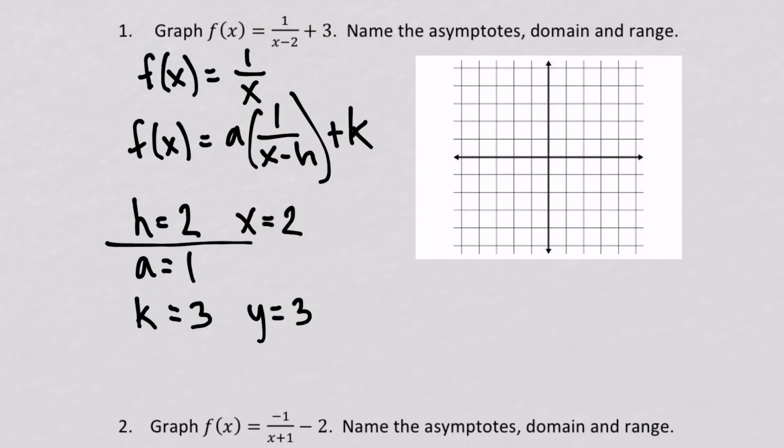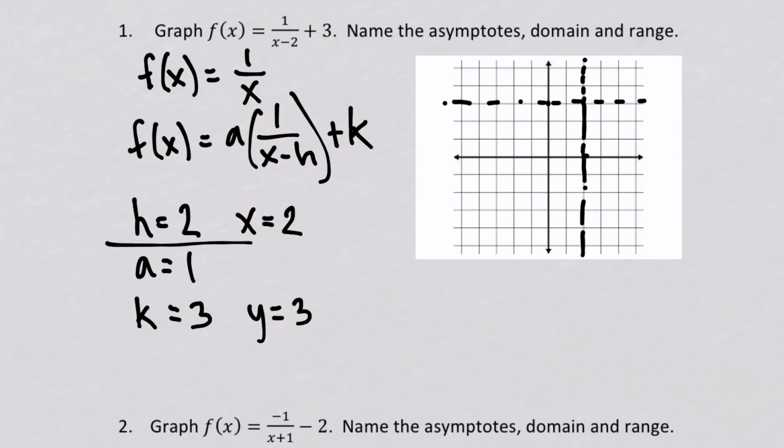So x equals 2, go find 2 on your x-axis and draw a vertical line through there, like that. Y equals 3, find 3 on your y-axis and draw a horizontal line through that. Those are my asymptotes.